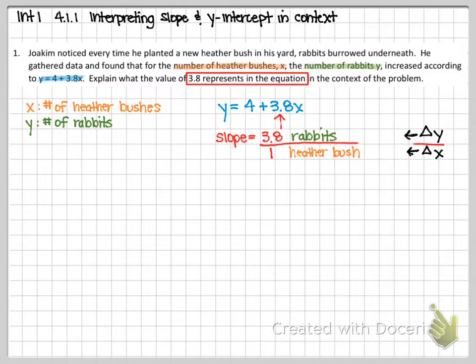Using this fraction in context, I think that you and I can write down what slope means in context. So here we go. 3.8 represents... all right, slope is a rate.